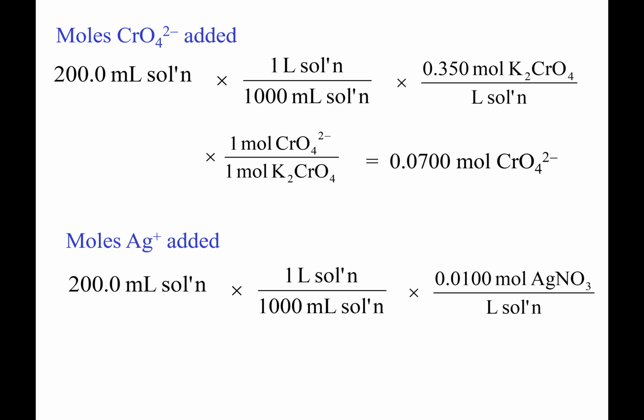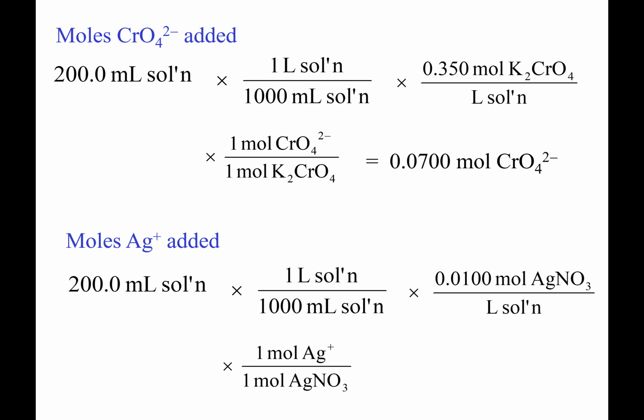How do we get from moles of AgNO3 to moles of Ag+? Stoichiometry. 1 mole of Ag+ over 1 mole of AgNO3.